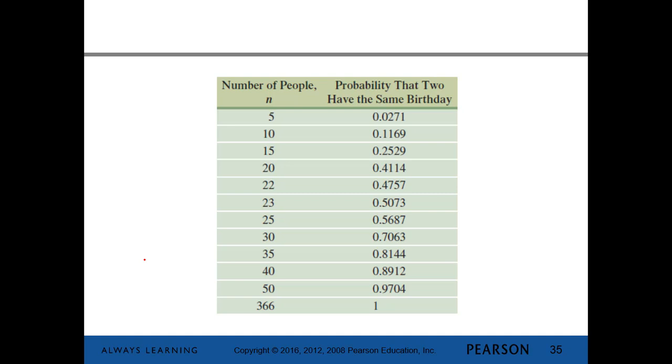So for the first one, the probability of 5 people having different birthdays, right? So we're talking about 5 people.